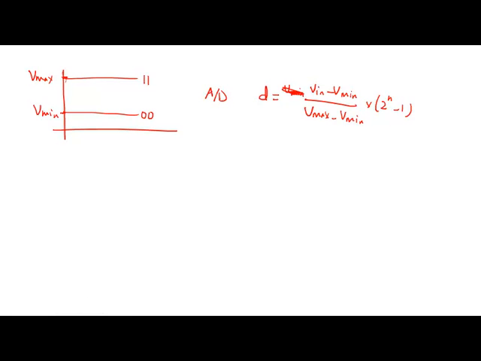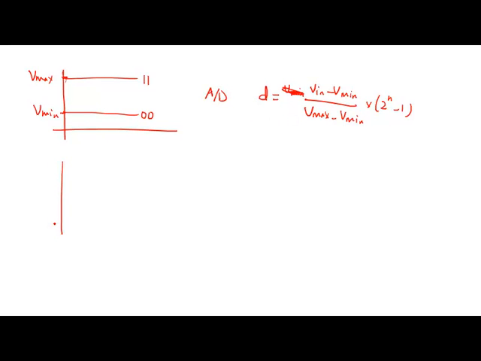Now, this is an important distinction to make. If you condition your PIC microcontroller or any A to D conversion unit to map 0 to this non-zero voltage of Vmin, this is going to be your equation.